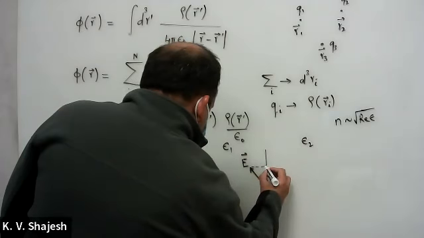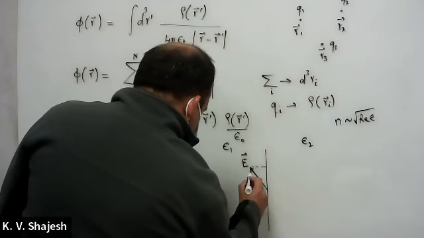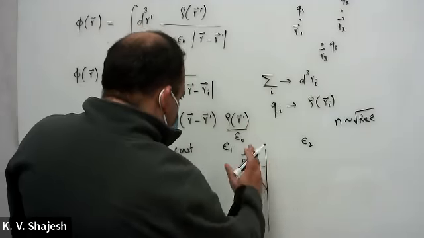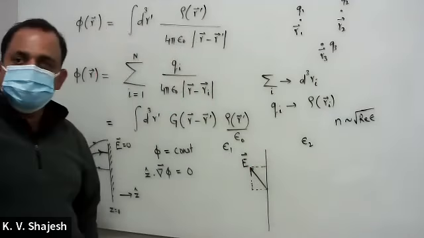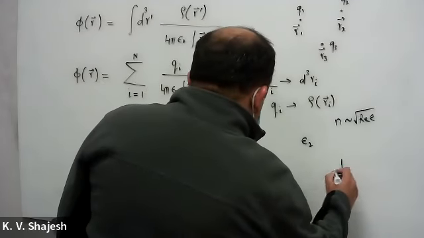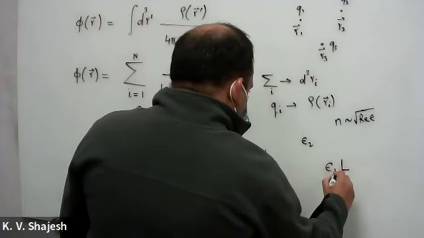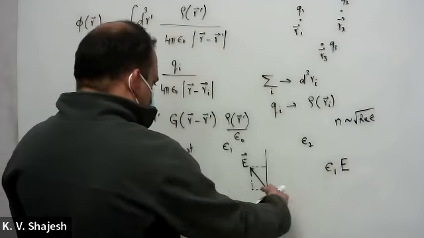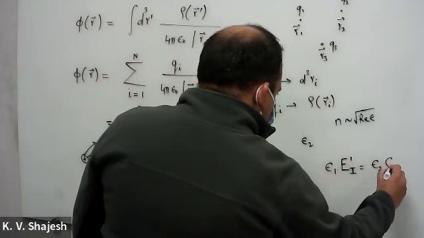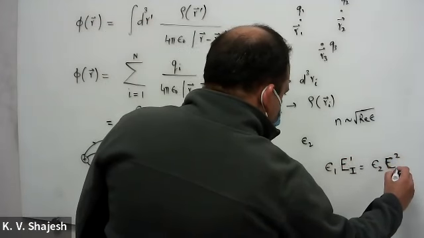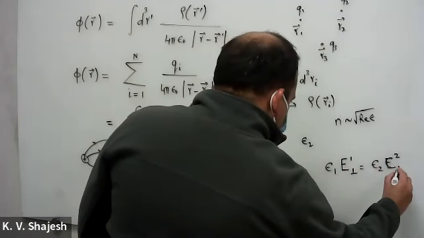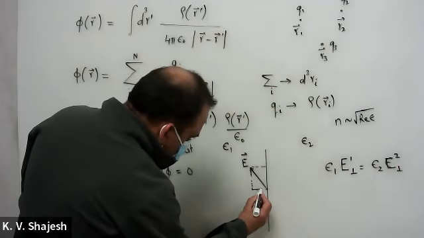There is a direction of the electric field in the plane, and there is a direction of the electric field perpendicular to that. So there's a component parallel to the plane, and a component perpendicular to it. The requirement is that whatever is epsilon 1 times the electric field perpendicular, which I'll call perpendicular 1, has to be balanced. This is perpendicular.